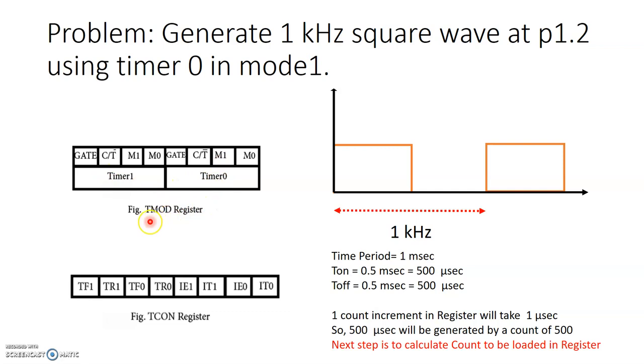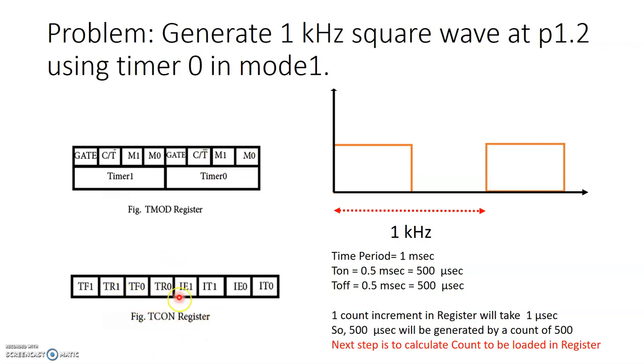One more thing to keep in mind is that the TMOD register is not bit addressable, so we need to load the value in TMOD by way of a byte operation. So we have M0 as 1, M1 as 0. The total number that needs to be put into the TMOD register for our particular problem will be 01H.